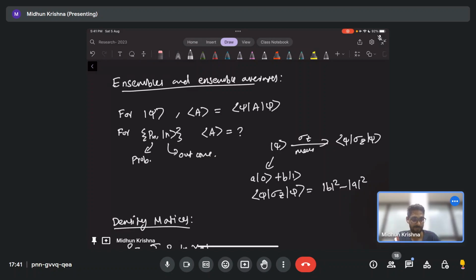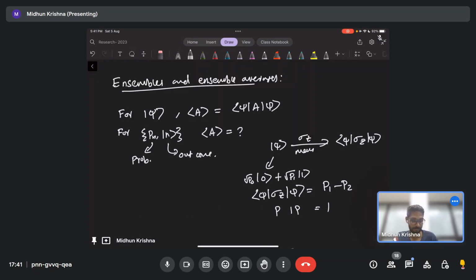Let me just write this as P1 minus P0, where P0 and P1 are the probabilities to be in 0 and 1. This is the expectation of sigma z. If I know the expectation of sigma z, I also know the condition P0 plus P1 is equal to 1.